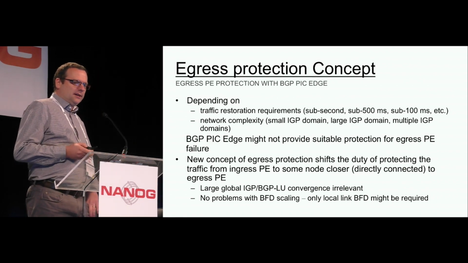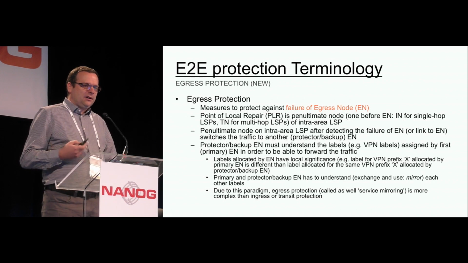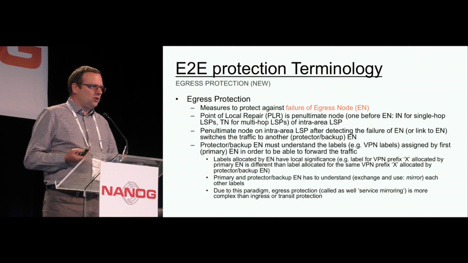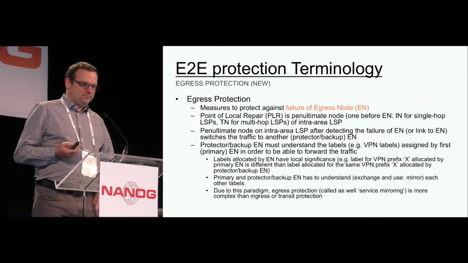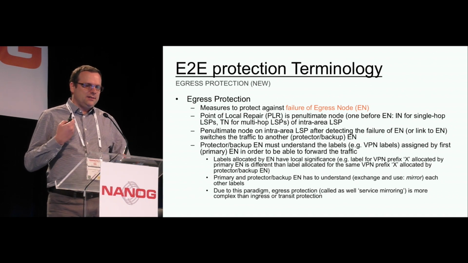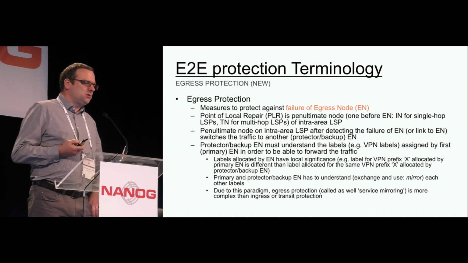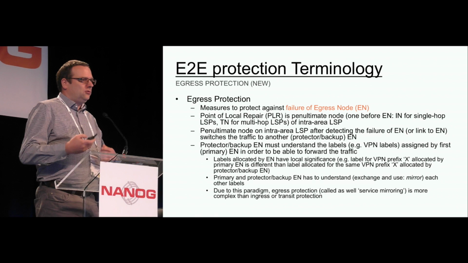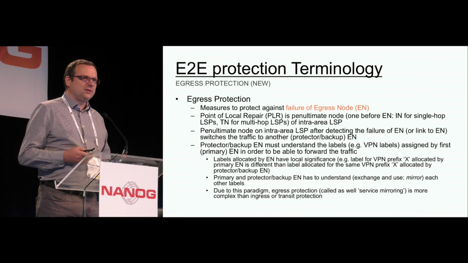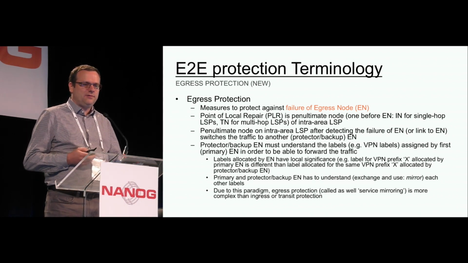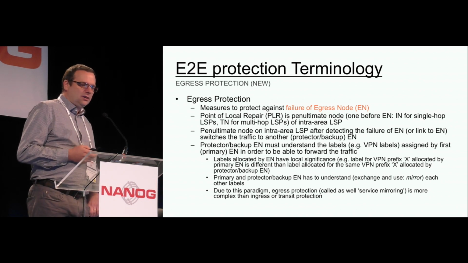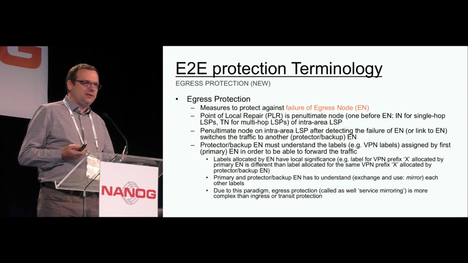I discussed that already. So that's the reason we are introducing a new way of doing egress protection. Basically, in the new way of doing egress protection, we shift the duty to restore or switch over the traffic from the ingress PE node to some node which is closer to the egress PE.